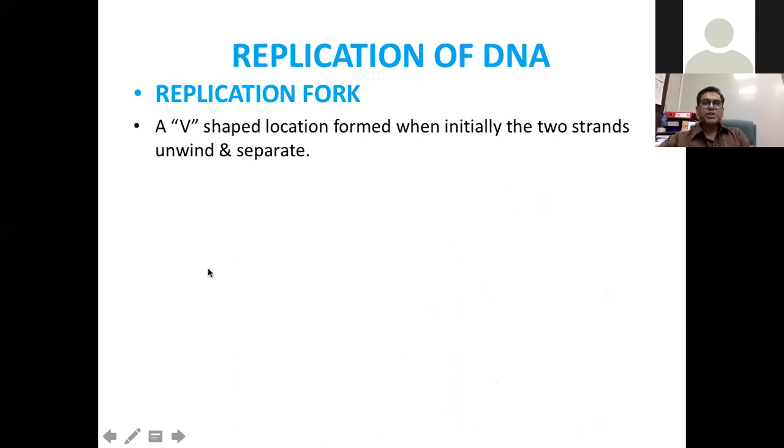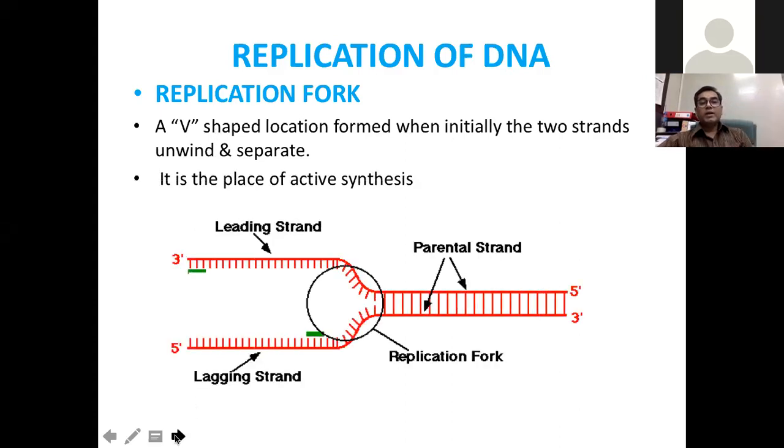To make a copy or replica of the two helical interwoven strands, both strands need to be separated, both need to unwind. When they unwind, a V-shaped region is formed, known as a replication fork. And this is the place where active synthesis, or active copying, of the DNA takes place.